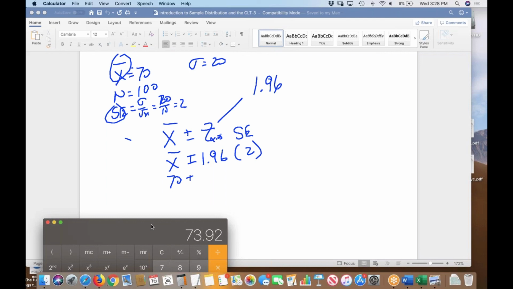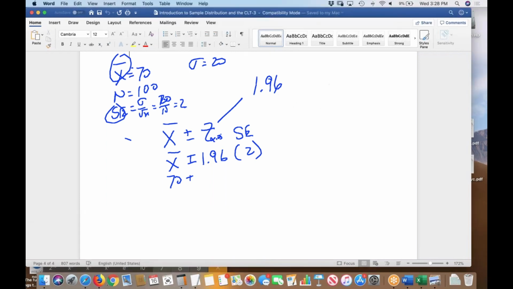Make it wider, right? So if I say I want to be 99% confident, our confidence interval is not going to be 66 to 74. It is going to be wider than that, right?